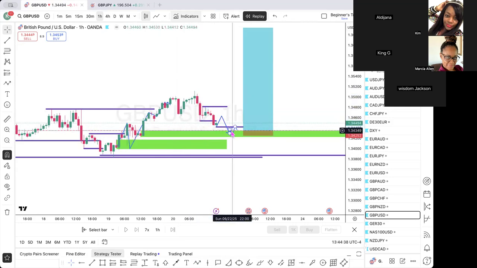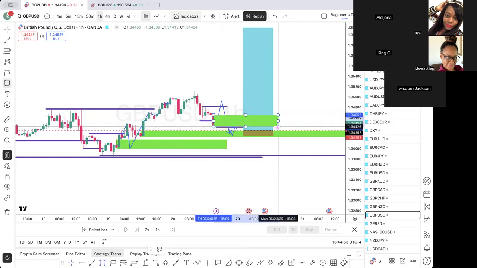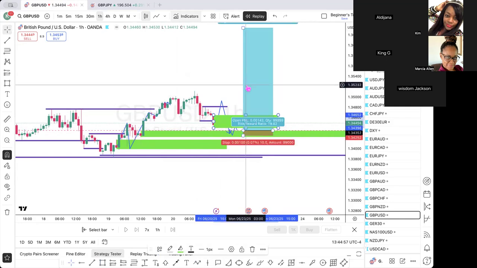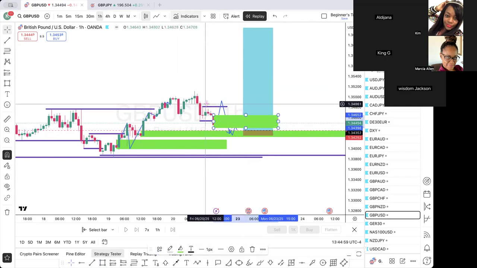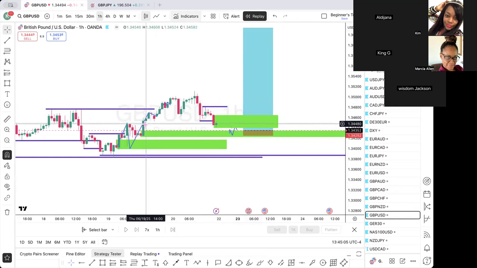However, if the market opens above this zone right here, then this would be my demand zone, and I would trade from that zone. So it would have to break this swing first in order for me to accept this fair value gap.